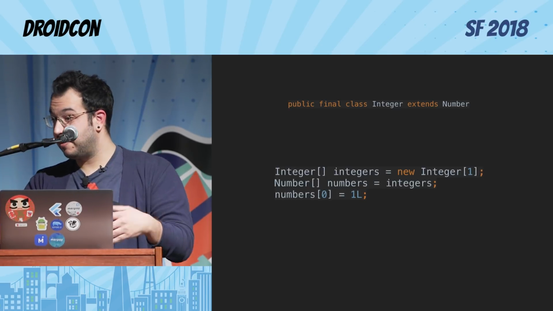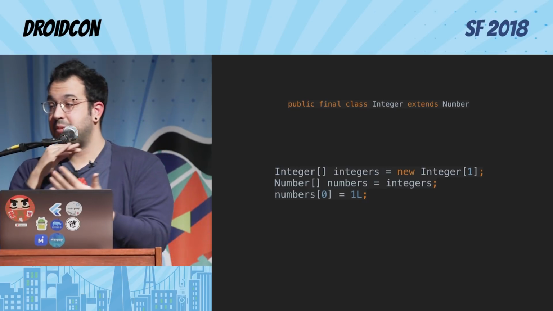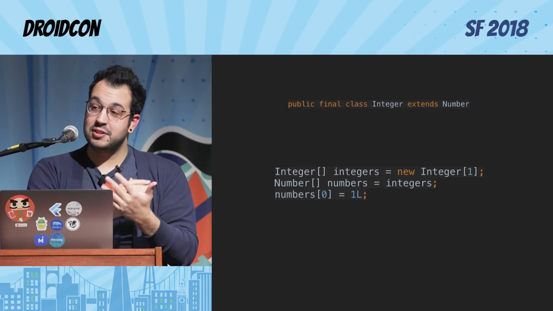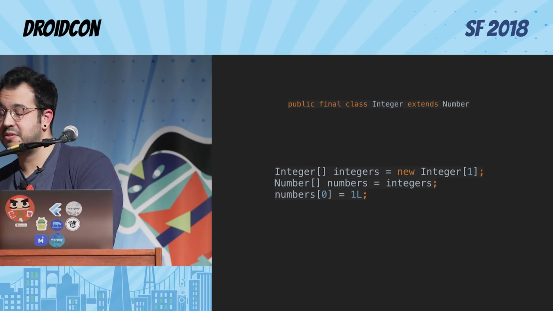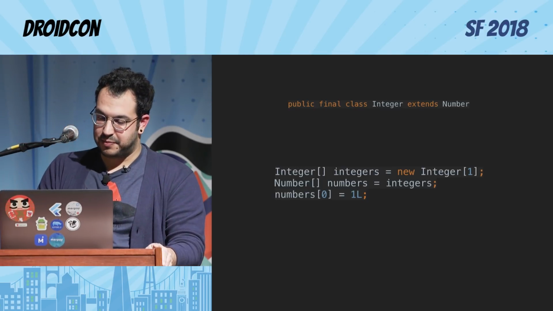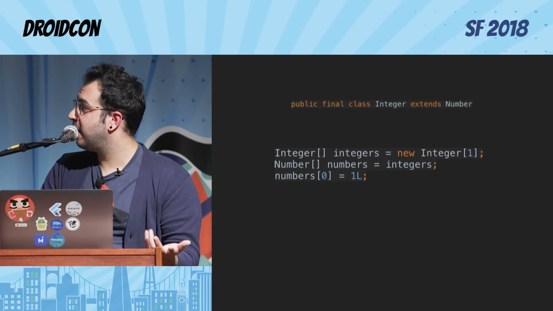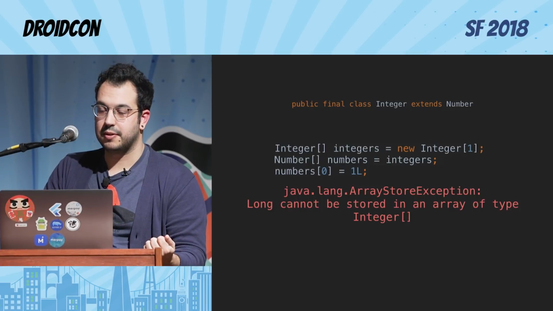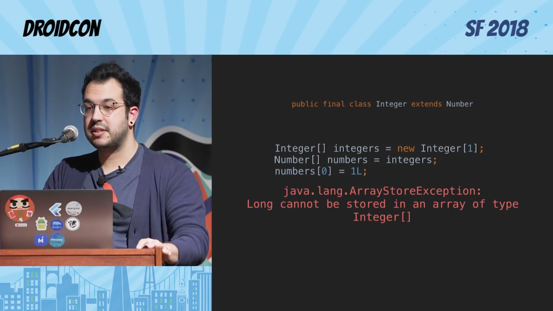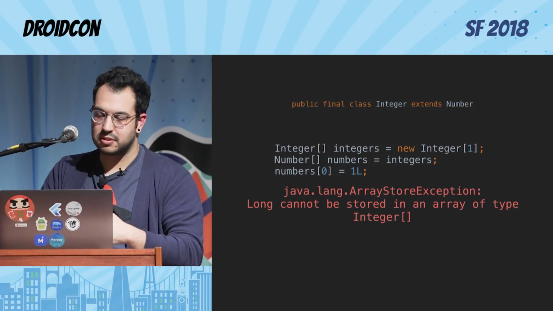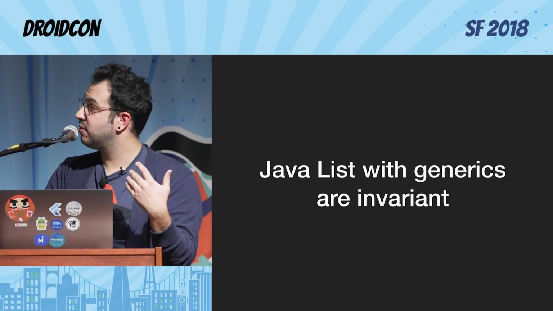But because it's covariant, it means that Integer is a subtype of Number, but then array of Integer is a subtype of array of Number too, and this is the show. And then what happens is you compile, you're happy, and then at runtime it's like, nope, not working. So that's why Effective Java tells you, please use List, don't use this. Because List is actually invariant.